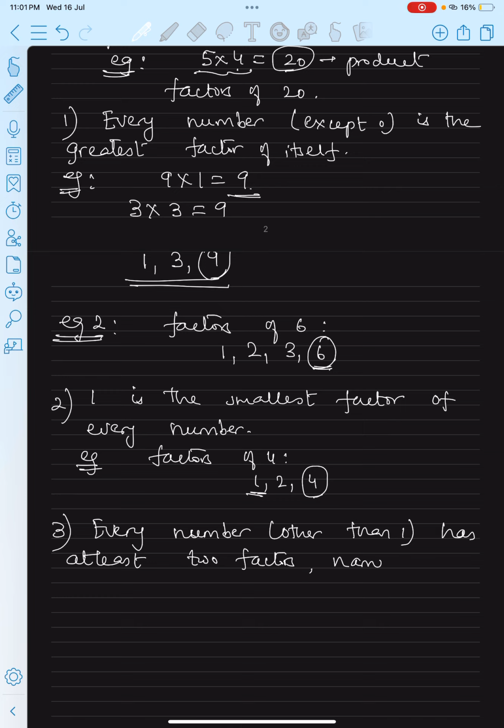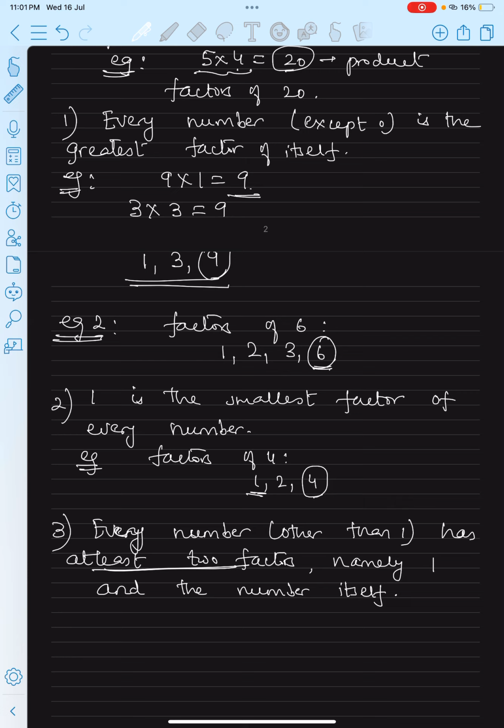Which are they? They are namely 1 and the number itself. The meaning of this is what? You take any number, it has at least two factors except one. Don't take one because one ones are one, so one is having only one factor.